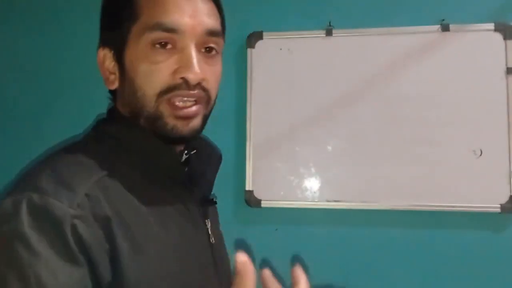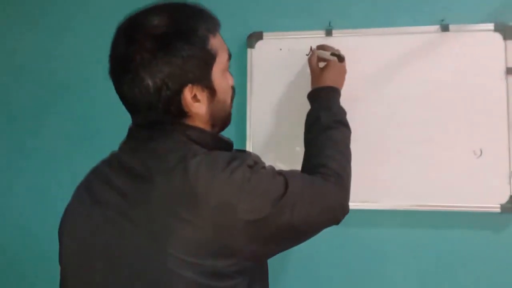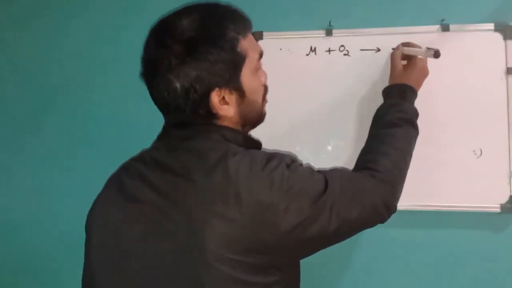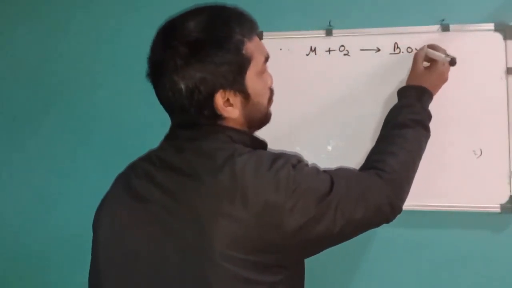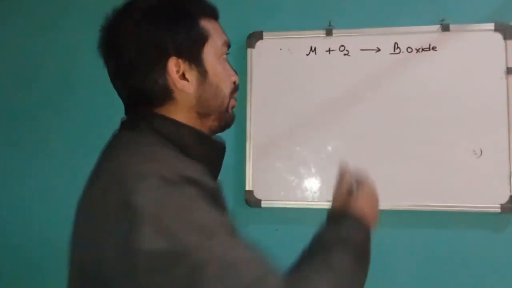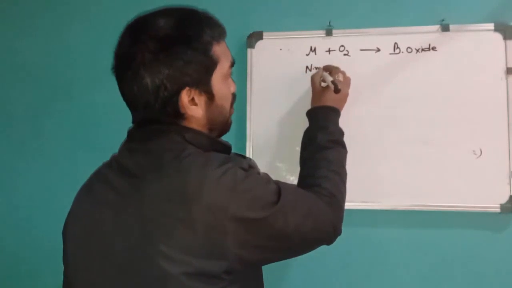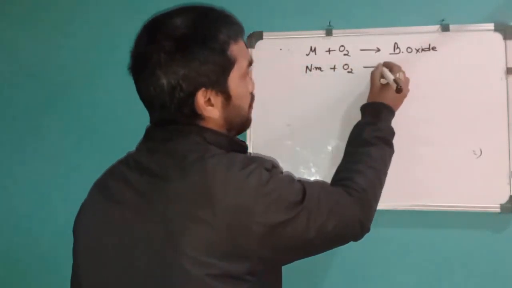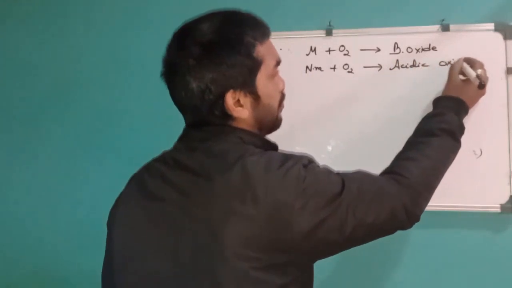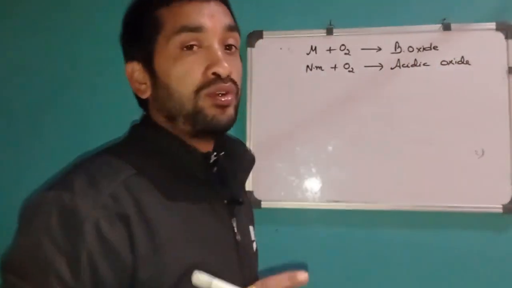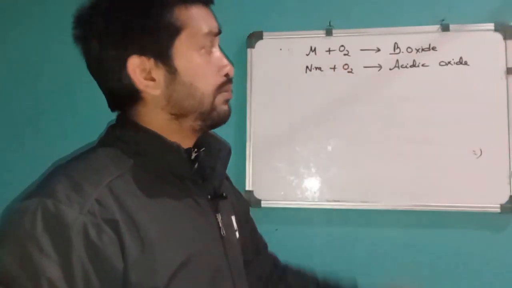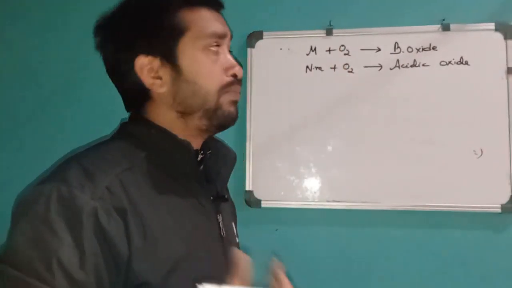So again, the key statement is: metal when it reacts with oxygen gives you a basic oxide. Second point, non-metal whenever it reacts with oxygen gives you an acidic oxide. In the previous video also I told you the meaning of acidic nature and basic nature.